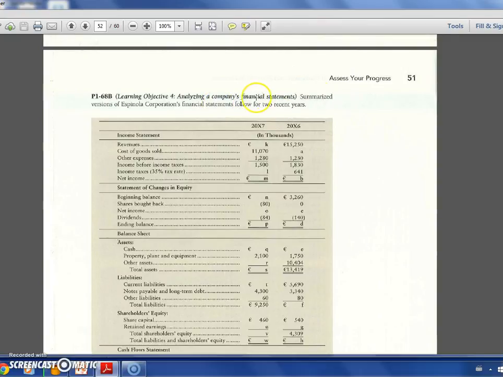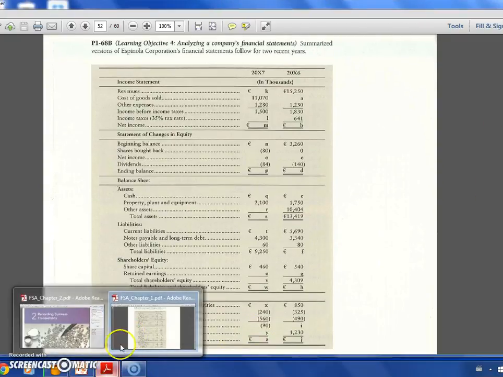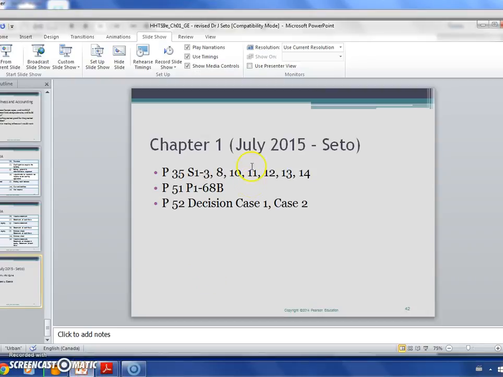prepare a company's financial statements. So again, income statement, the change in equity, balance sheet, and then statement of cash flows. This is a comprehensive problem. So there it is. And then there are these more minor problems.